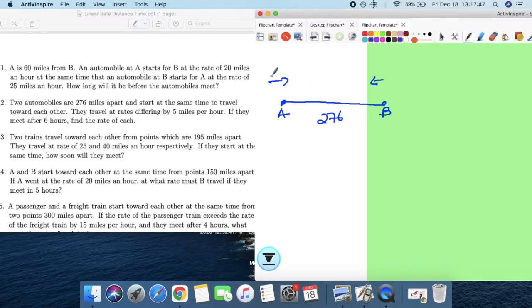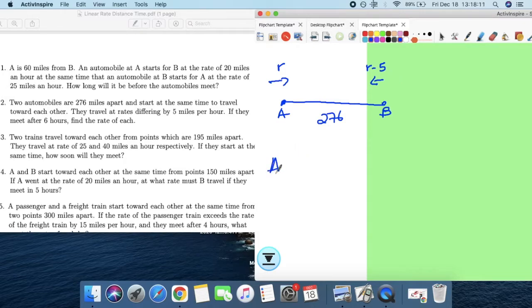So let's say car A is traveling at R miles per hour. The other car is going to be R minus 5, because they differ by 5 miles per hour. That helps me set up my table.